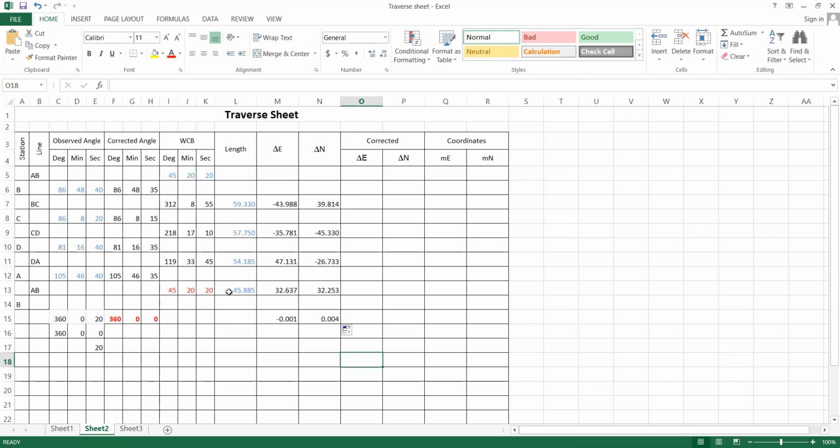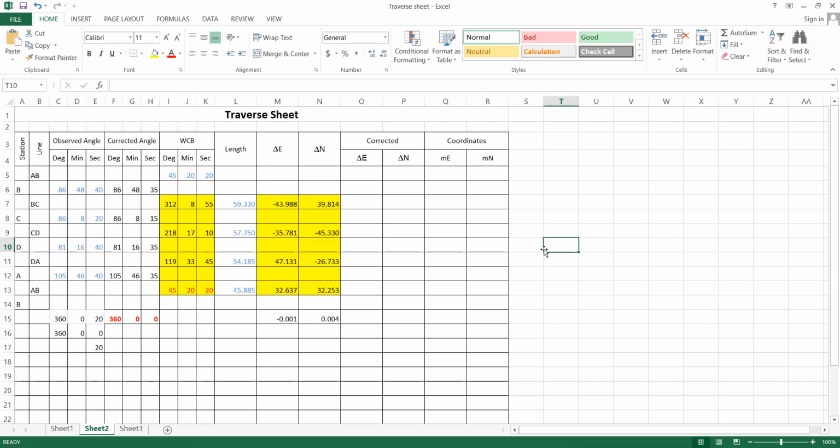Please check with these numbers and these numbers. They are the calculated bearing values, and the bottom one I have checked. I have put it in red because I told you those are the checkpoints.